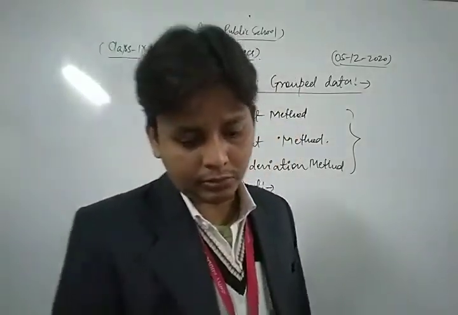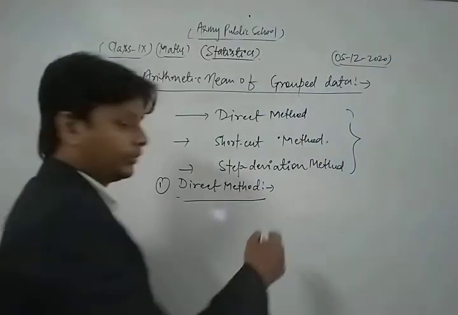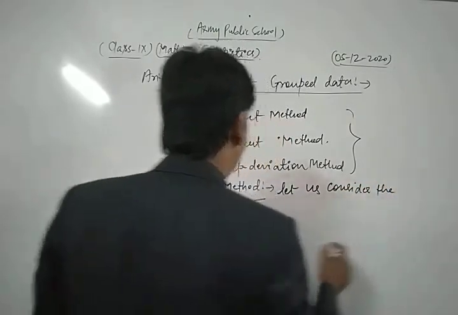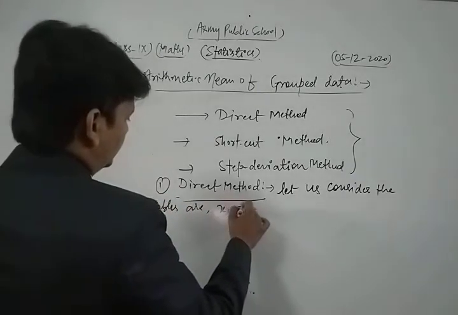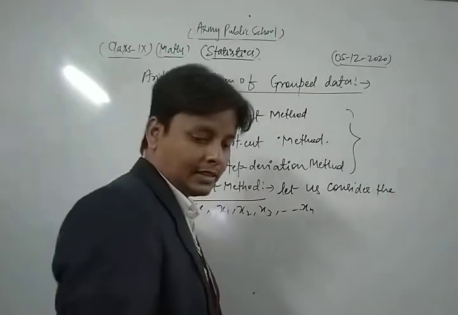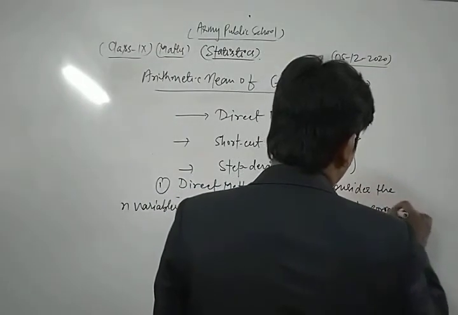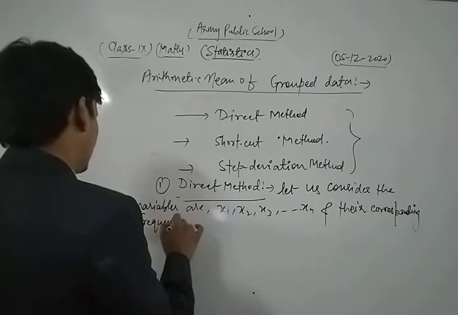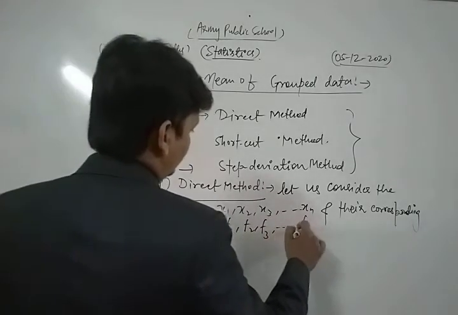In this method, suppose the n variables are x1, x2, x3, and so on up to xn, and their corresponding frequencies are f1, f2, f3, and so on up to fn.